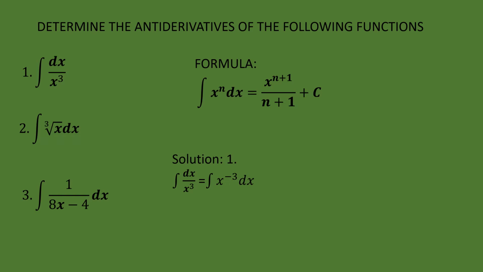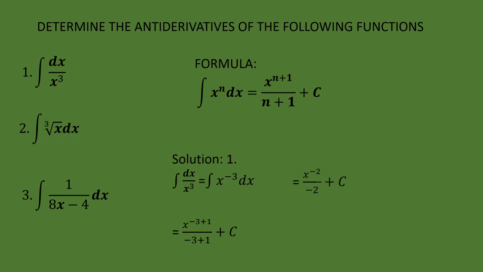By adding 1 to the power of x, which is negative 3, we have negative 3 plus 1, and also in the denominator, negative 3 plus 1, then plus c.